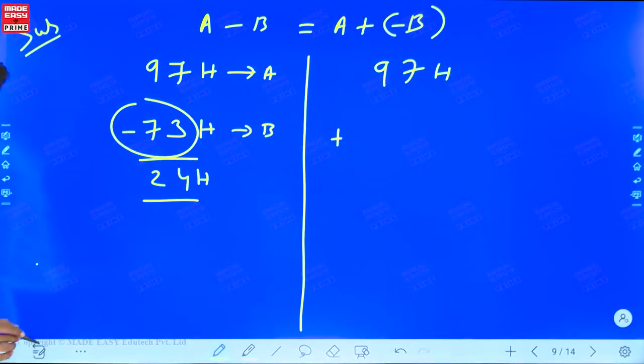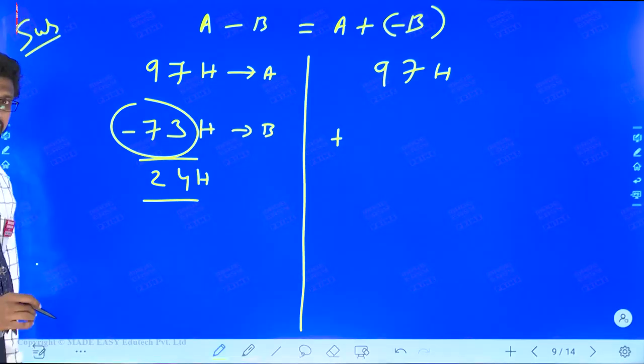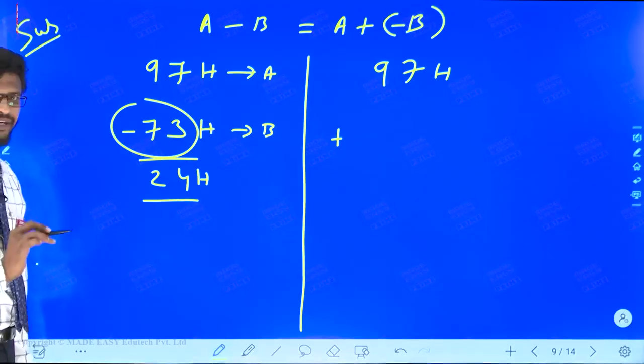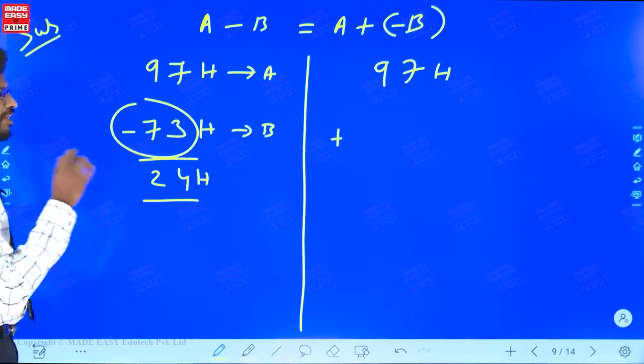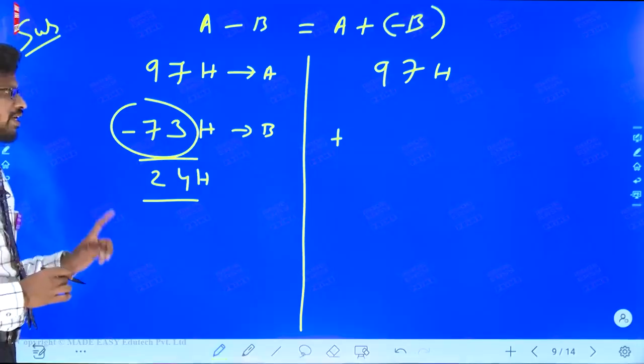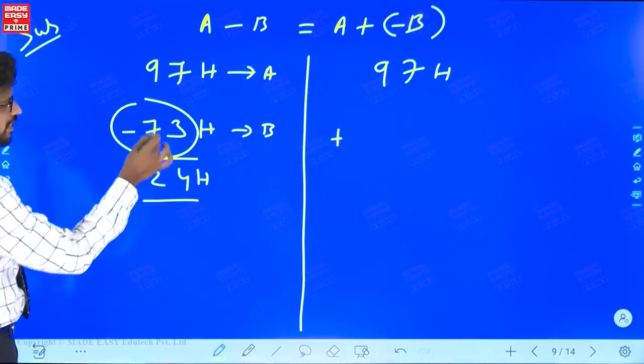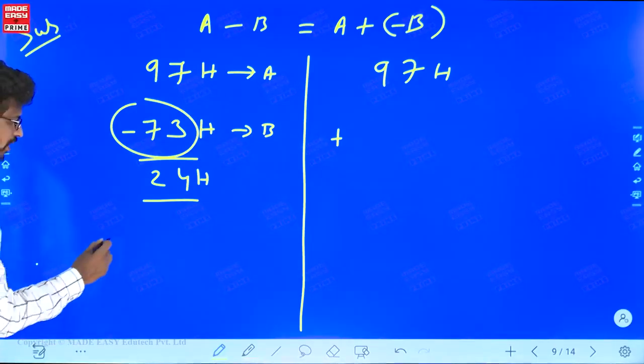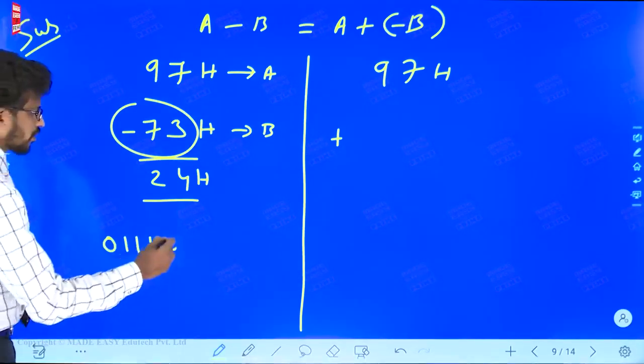So simple logic is, now tell me how did you find 1's complement? Subtracting the number from 2 power n minus 1. So the shortcut is in 2's complement. How do you find the 2's complement of this? 0, 1, 1, 1, 0, 0, 1, 1.